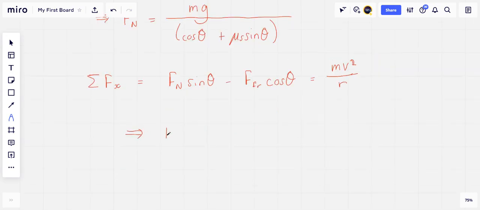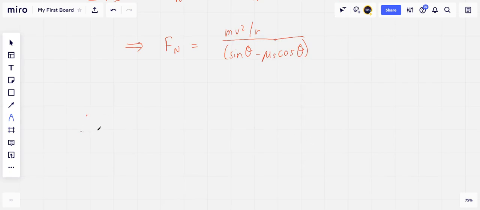So again, we can rearrange and solve for the normal force Fn. We get Fn to be mv squared over r divided by sine of theta minus mu s cosine theta. And so we have another expression for the normal force.